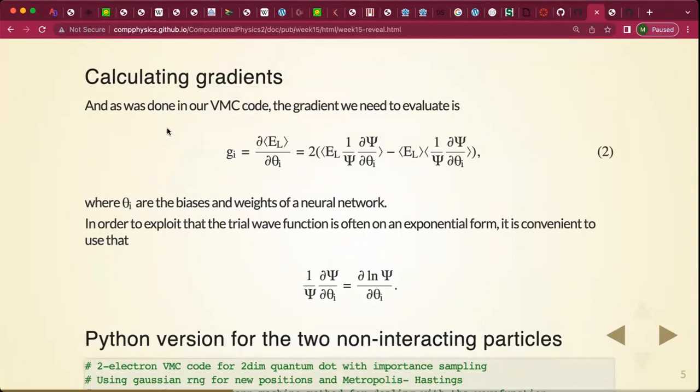And the quantity which we need to calculate at the end is this quantity here, which is the gradient of the energy, the expectation value of the energy of this local energy operator, which we have defined. And these parameters theta, they are the biases and weights of a neural network.